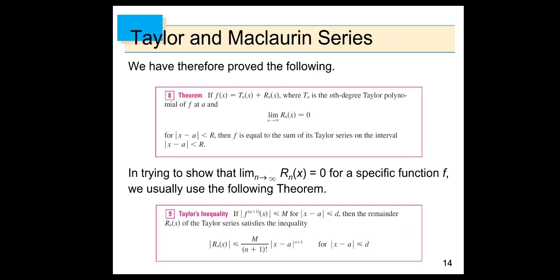If the absolute value of f of n plus 1 prime of x is less than or equal to M for the absolute value of x minus a less than or equal to d, then the remainder R sub n of x of the Taylor series satisfies the inequality: the absolute value of R sub n of x is less than or equal to M divided by n plus 1 factorial, multiplied by the absolute value of x minus a to the power n plus 1.